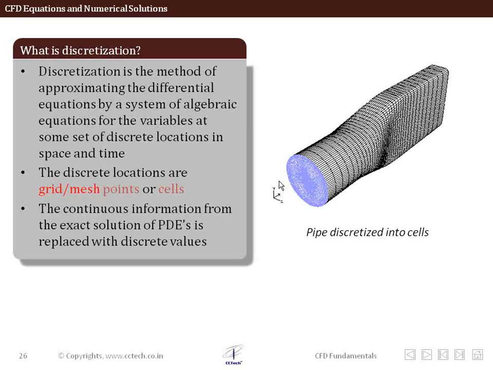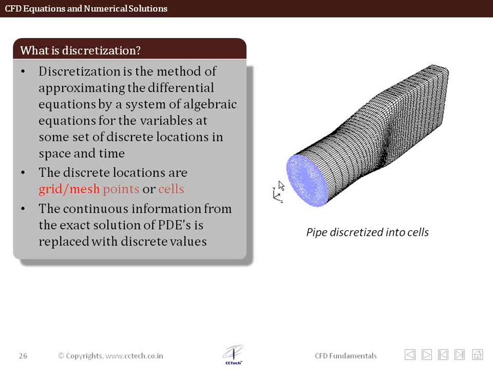Not that on our own, if we were solving it exactly, we would need it, but the numerical schemes that we are using are finite methods like finite difference or finite volume or finite element methods, and they require the geometry to be discretized. They apply the conservation equations on this discretized geometry over each and every element or each and every volume, or in the case of finite difference method, each and every grid point.